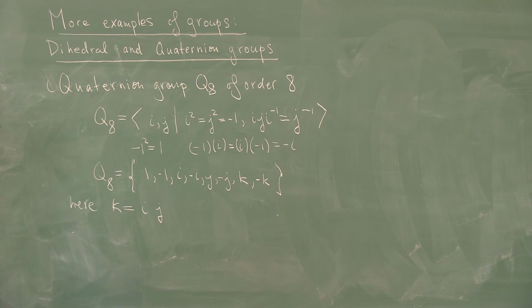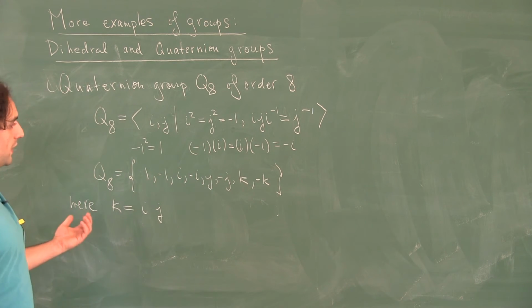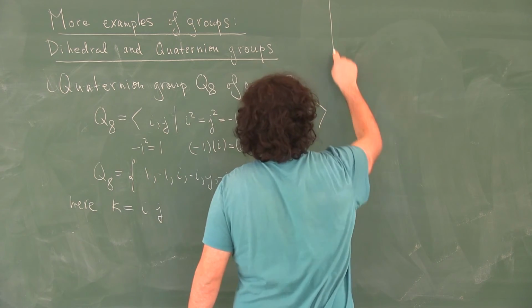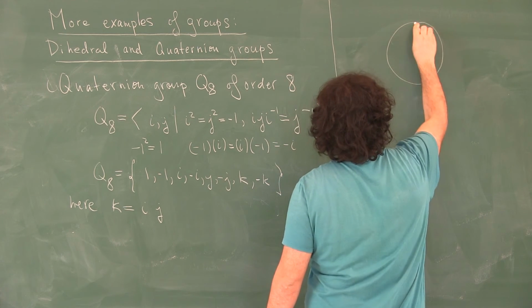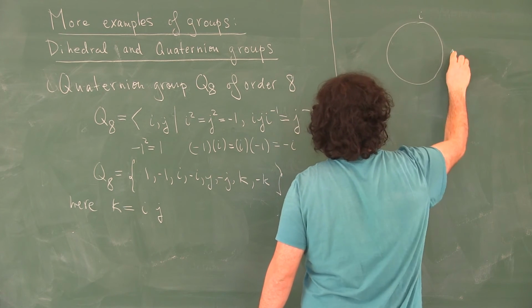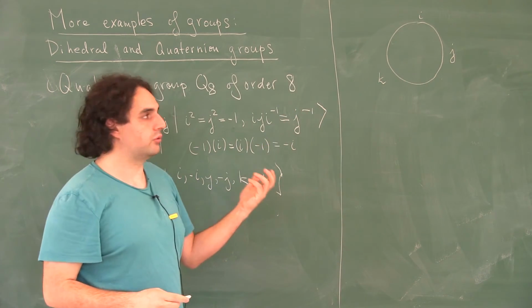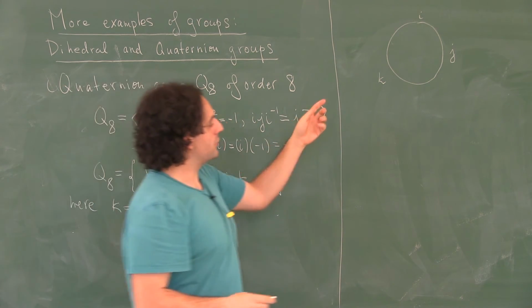Okay? So, what can we say from this? Well, one thing I want to point out is there is a simple way, using a circle or a clock, to remember how to multiply any 2 of the 3 elements i, j, and k.